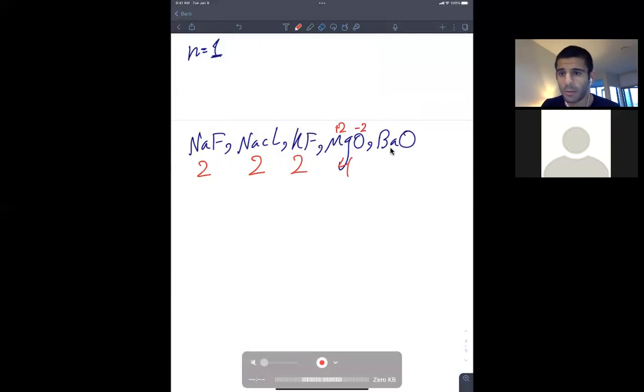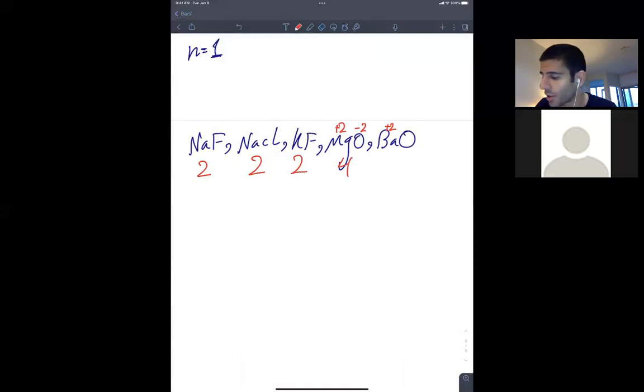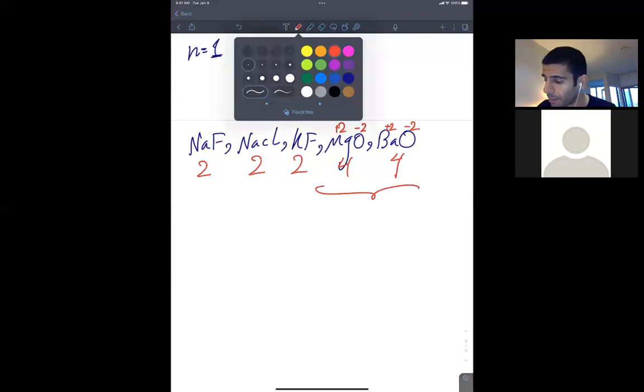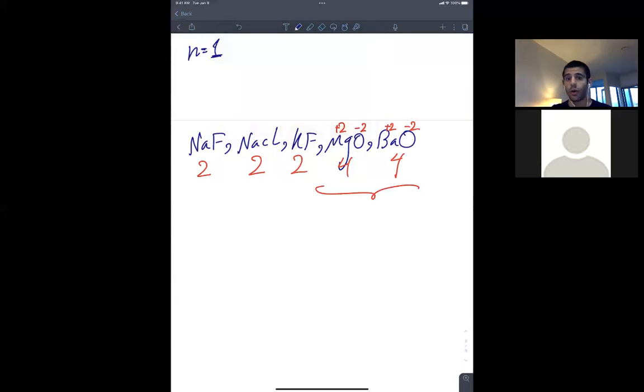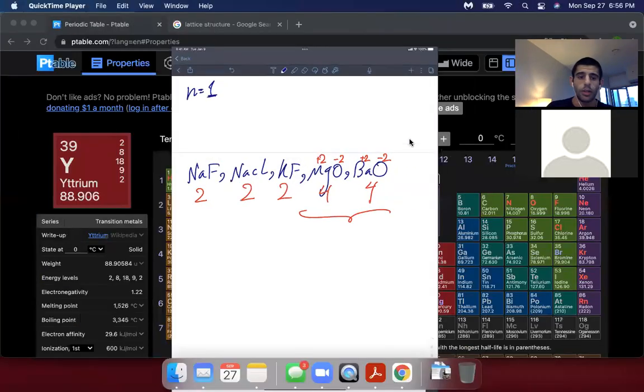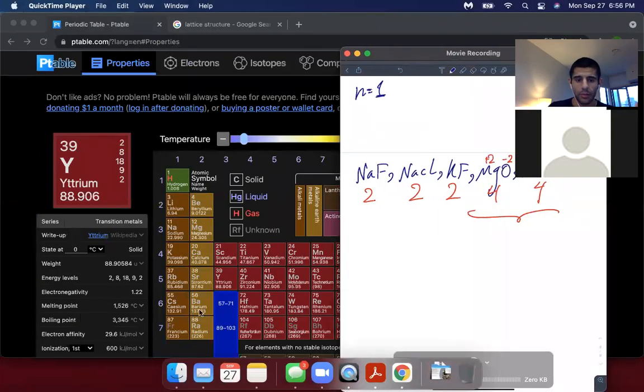And then barium, not beryllium, and O. So barium is +2, and then the O has to cancel its charge, so it has to be -2. So it's 4. So you see, right away I know these two have higher lattice energy. That's knowing what to look for. Then I look at it: okay, they're identical with the O, but which one has a smaller radius? So I look at it, and barium is here and Mg is here.